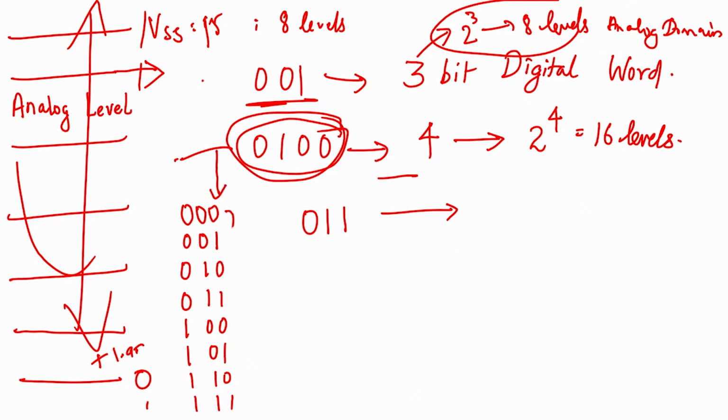What is happening? This bit is toggling at every change, correct. Every change it is becoming 0 1 0 1 like that. Okay, correct. What is there in this bit?